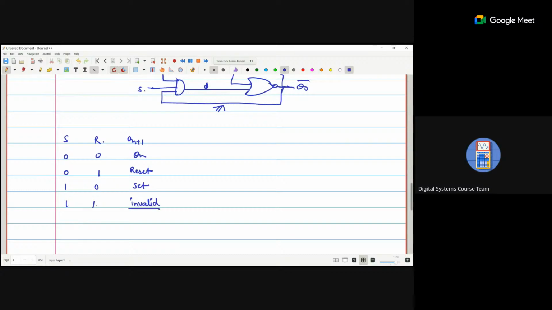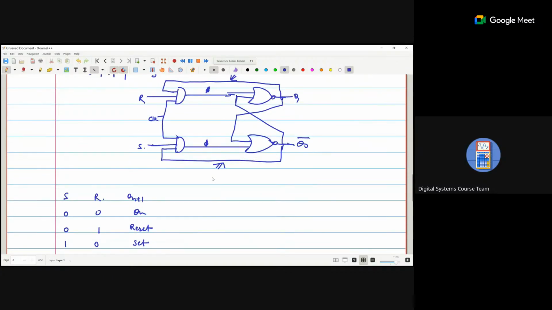To avoid this condition, when S and R are both 1, 1, we know the clock is also 1, so the AND gate outputs are 1, 1, which is the invalid condition. To avoid this, we connect R with Q and S with Q bar.